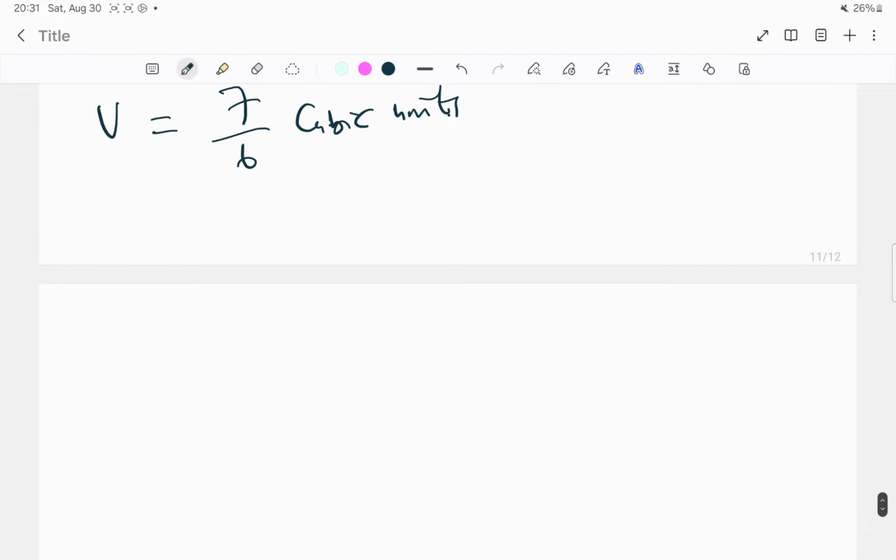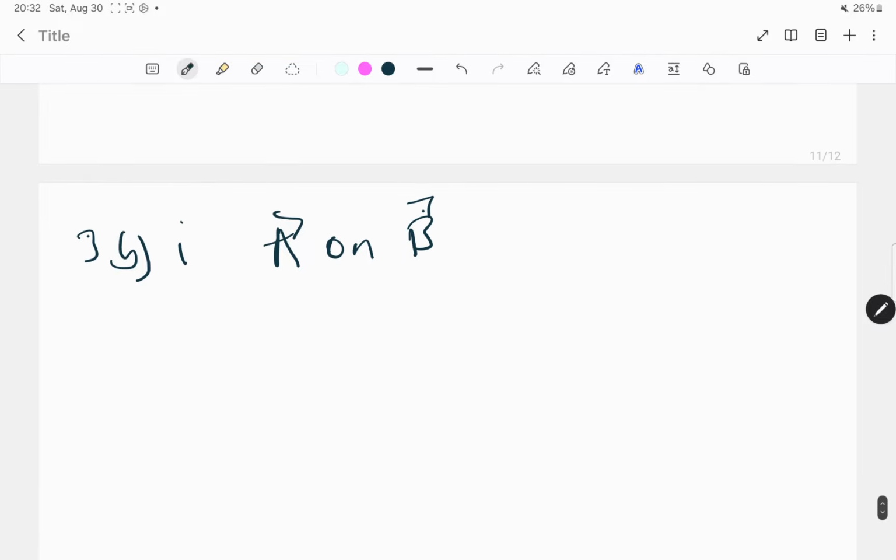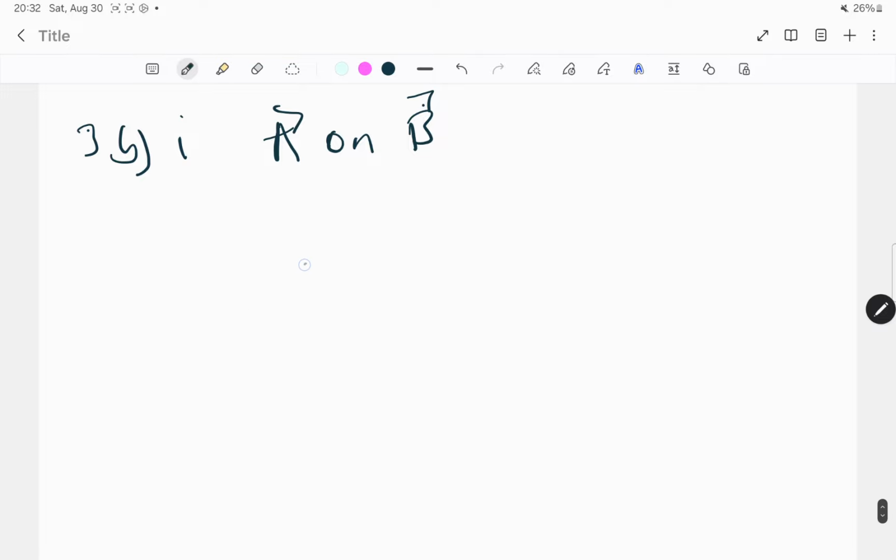So we are projecting vector A onto vector B. To do this, simply imagine I have my vector A here, and I have vector B, right? So I'm projecting this onto this vector B.